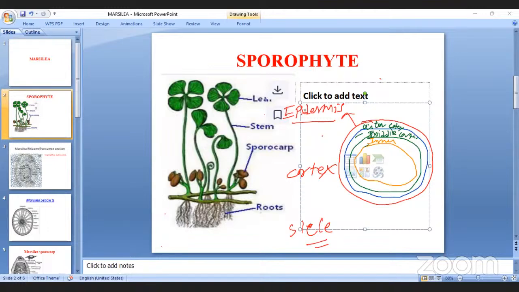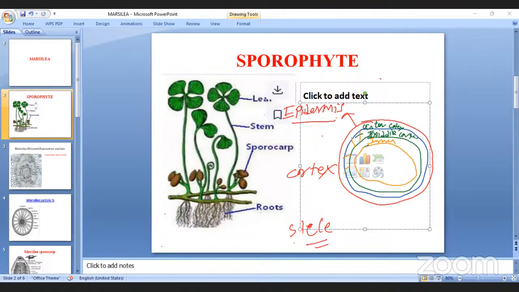The inner cortex is solid tissue, with several outer layers thick walled and sclerenchymatous. But remember, the middle one always has air space like this.